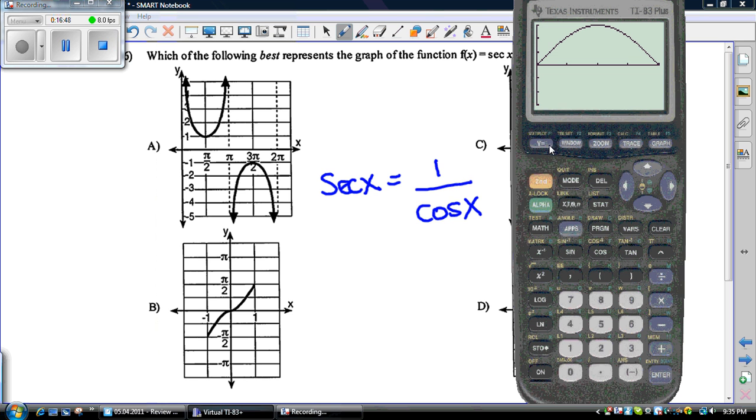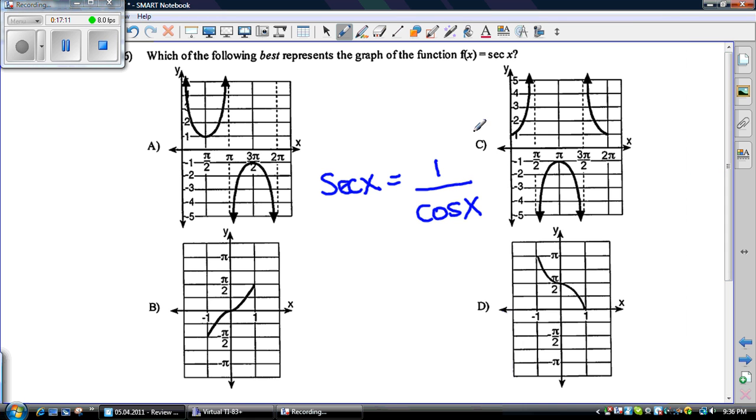Turn our calculators on. 1 divided by the cosine of x. Graph it up. Boom. That's you right here, buddy.